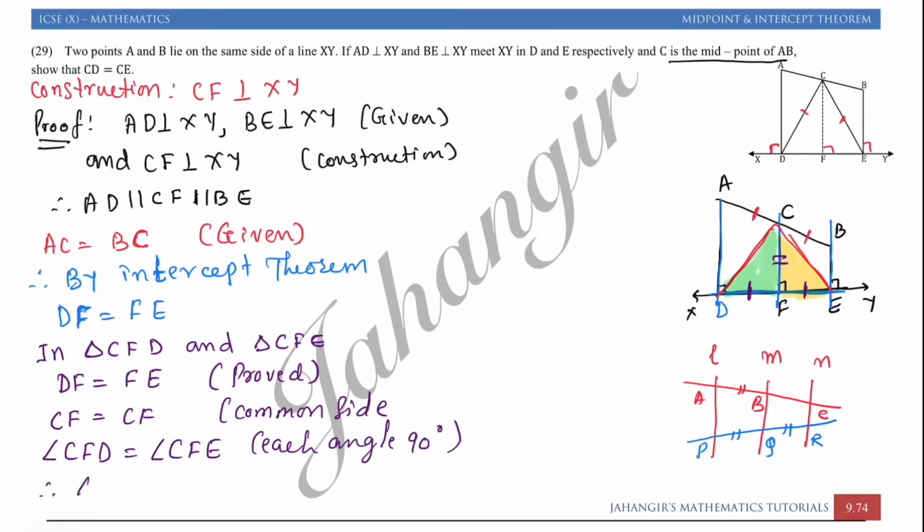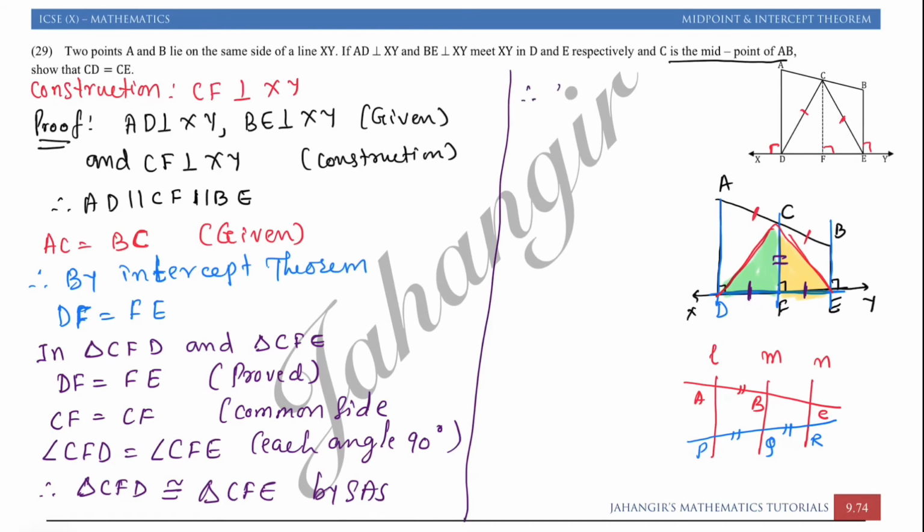So therefore triangle CFD is congruent to triangle CFE by side angle side. So once the triangles are congruent, I can say CD is equal to CE. CPCT, corresponding parts of congruent triangles, hence proved.